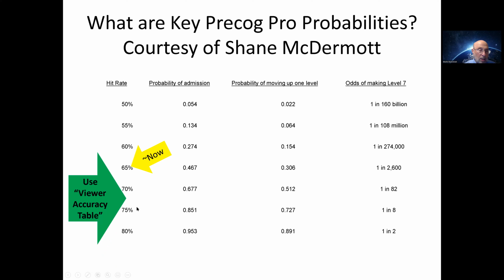Our goal is to get to between 70 and 75%. Who knows? Someday someone might do 80%. Let's see if we can go from 65 to 70 or 75%. That's the goal. And then you can move up a level each time with a 50% or a 70% probability.